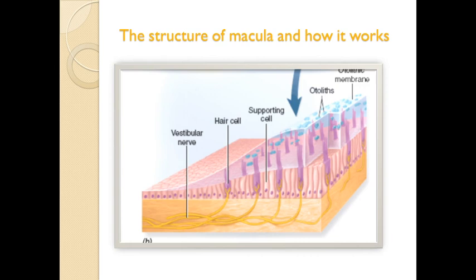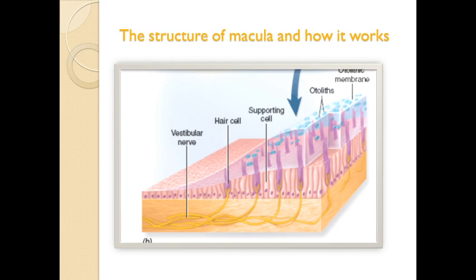Then coming to the structure of macula and how it works. Now this is found in the lining of the vestibule. In the structure of the macula, we can see that there are sensory hair cells, but these don't have cilia like cupula does.